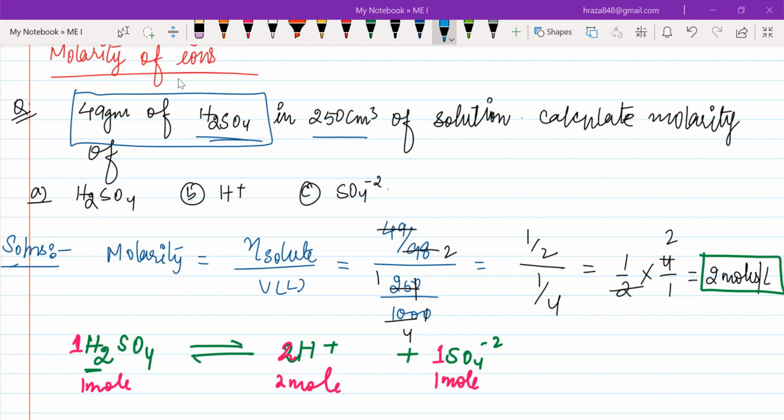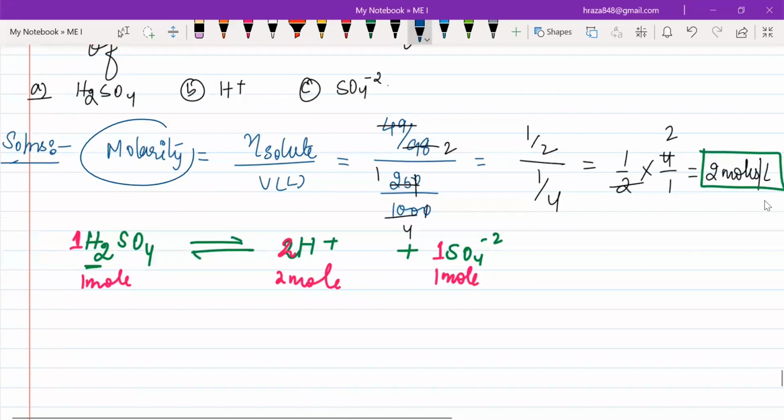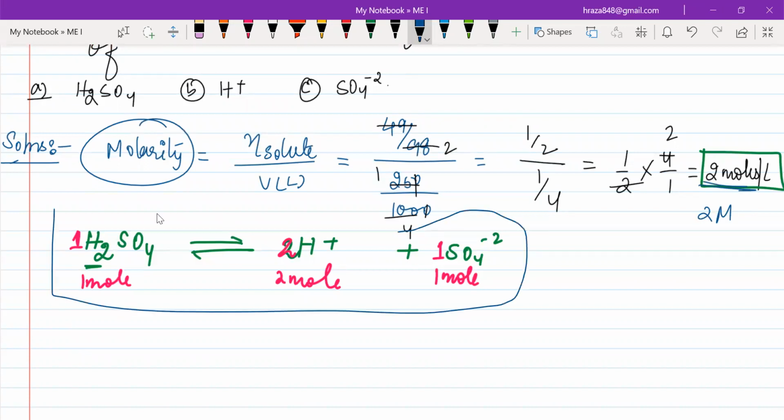Okay. Now see. After calculating the molarity of this, you got 2 moles per liter or 2M. So first we are going to compare it with the mole.